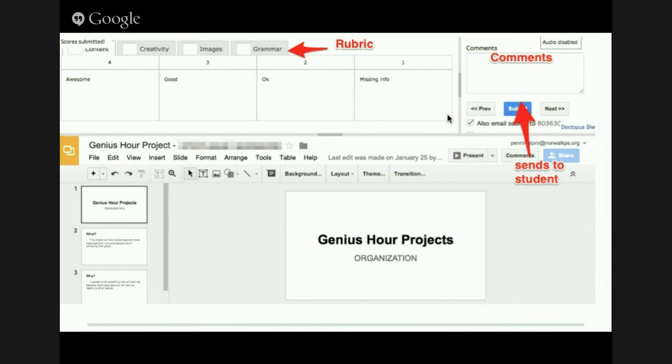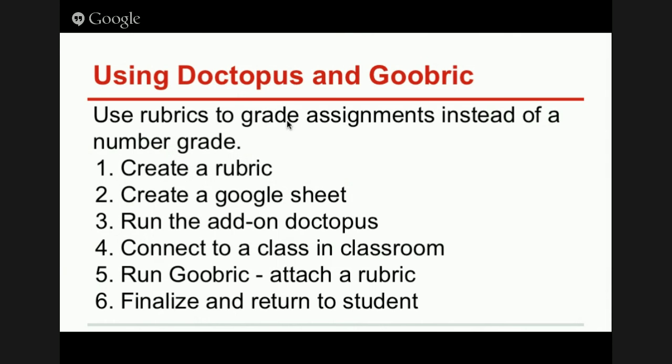And that is using a couple add-ons, which is a little bit more complicated, but it's using Doctopus and Goobrix. So you would create a rubric in Google Sheets, run the add-on, connect to a class in Classroom using Doctopus, and you can run Goobrix to attach the rubric, finalize and return to the students. They will actually get the rubric back.